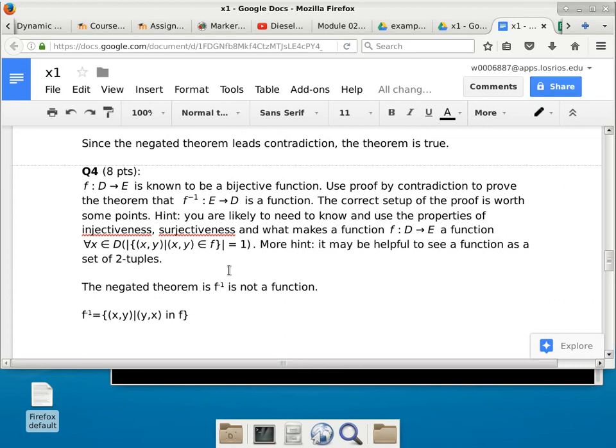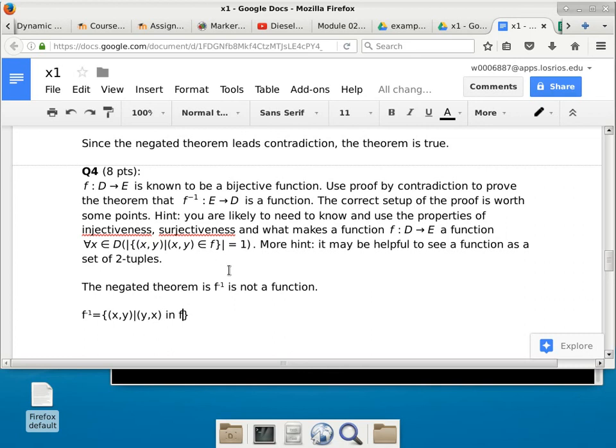I'm just showing you how to look at F inverse. So F inverse in this case is the same thing as F, but with everything inside reversed. In F itself, 1 maps to 0, 2 maps to 0, 3 maps to 0. So the inverse is just reversing the direction. So we have 0 maps to 1, 0 maps to 2, and 0 maps to 3, according to that definition of F inverse.